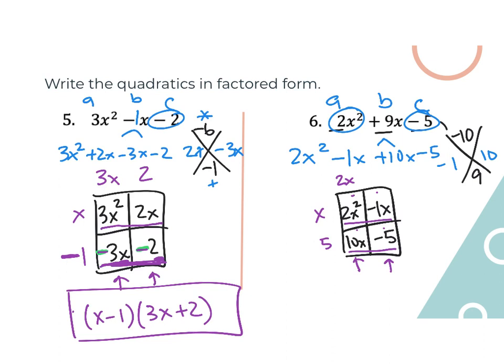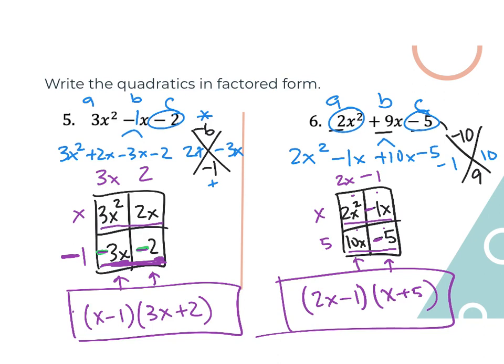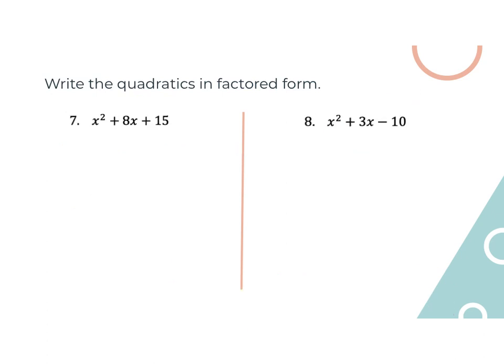And I can't take out an x because the 5 doesn't have an x, but both terms have a negative, which means it needs to be -1. So that gives me 2x minus 1 times x plus 5. That's my factored form. So this quadratic turned into that factored form.